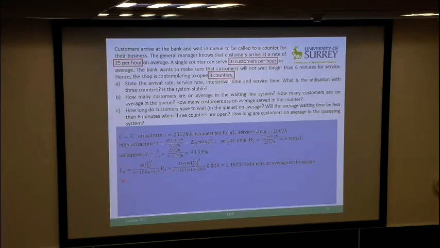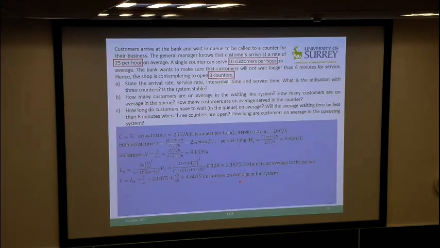If you substitute this with P0, you should find out LQ, the customers in the queue on average. Then you should know how to find the total number of customers by using LQ plus the utilization, actually 25 divided by 10.